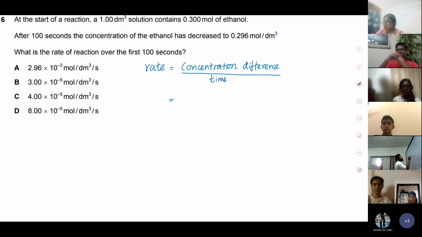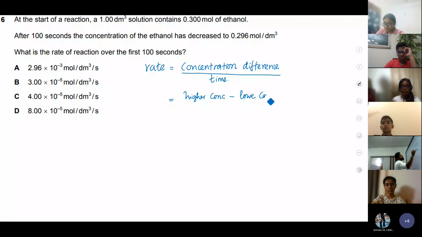Concentration difference is, suppose you can say, the higher concentration subtracted by the lower concentration. Initial concentration minus final concentration. Initial higher.